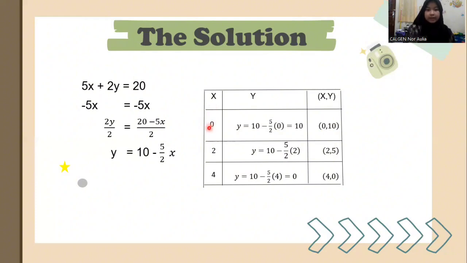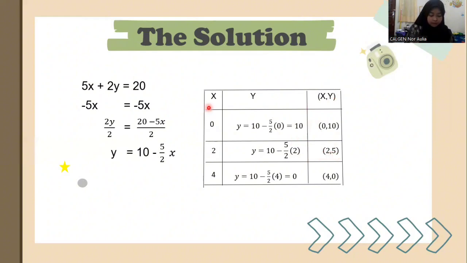So if x is 0, we can find that the value of y is 10, so the point is 0, 10. And if we insert x equals 2, we find that y is 5, so the point is 2, 5.